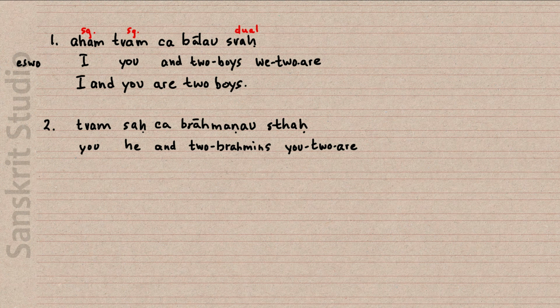So in a similar way, if one of the persons is a you in singular and another is he, then the combined verb here is second person. Second person takes precedence, or however it takes over.